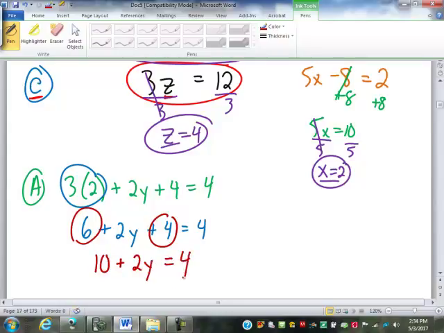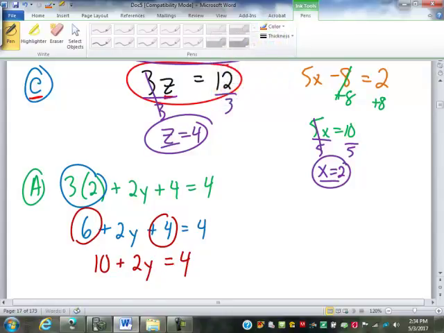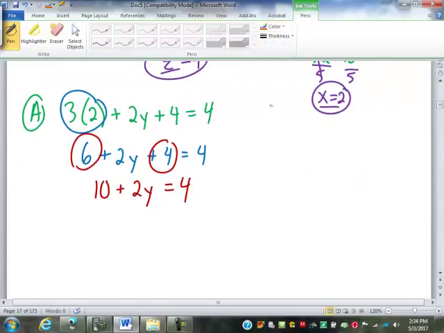So 10 plus 2y equals 4. What's next? Subtract 10. 2y equals, what's 4 minus 10? Negative 6. Good.